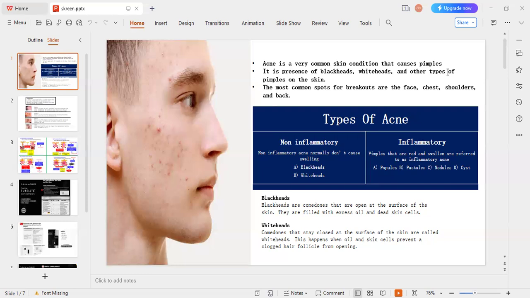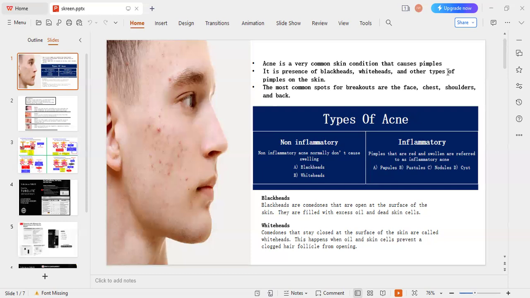So what are the different types of acne? We need to understand the different types. There is inflammatory acne and there is non-inflammatory acne. Non-inflammatory acnes are those which generally don't cause any swelling, meaning there is no red or swollen part. The types are basically blackheads and whiteheads, which are very common on people's faces.